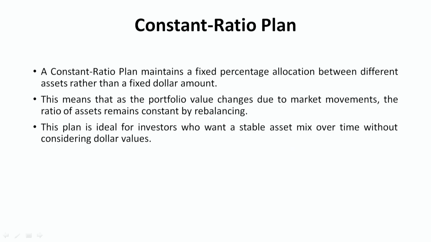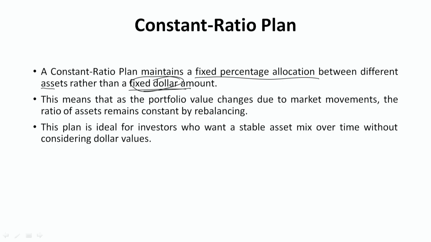Next is the constant ratio plan. The constant ratio plan says a fixed percentage allocation between different assets rather than a fixed dollar amount. So, here I am not talking in terms of value, right?